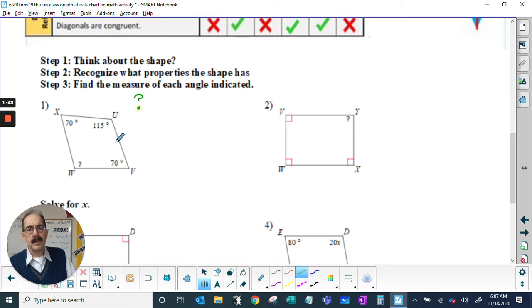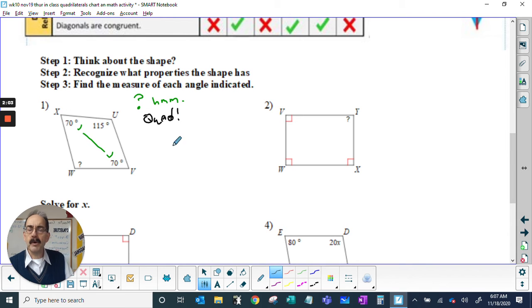Well, we've got all these numbers in here, and this one is like that one. Opposite angles are equal, but can we say this is equal to this? What if we just said this is a quadrilateral?